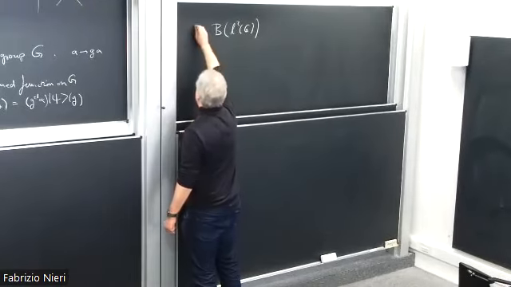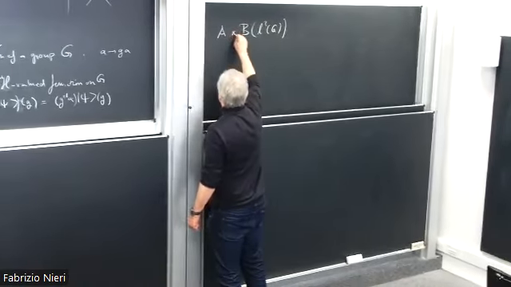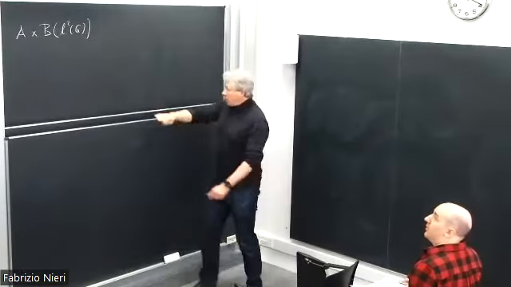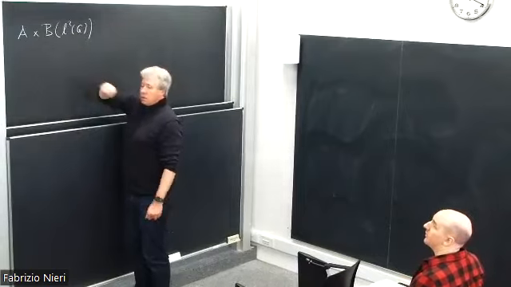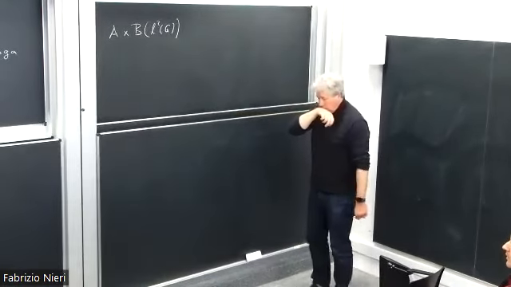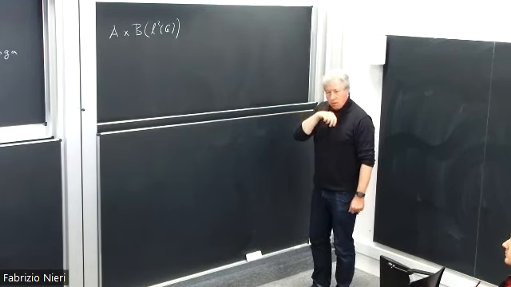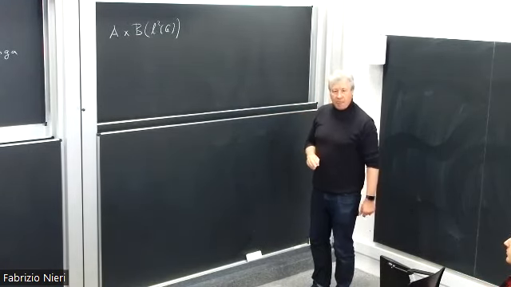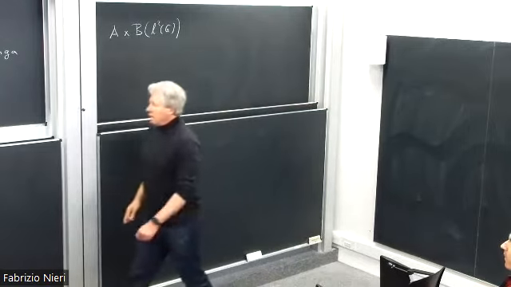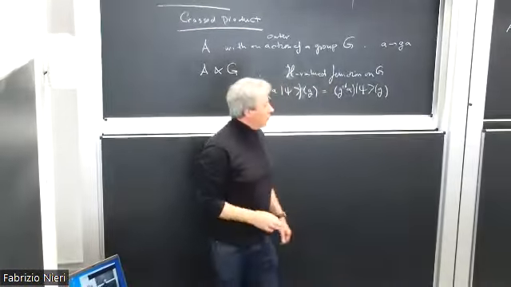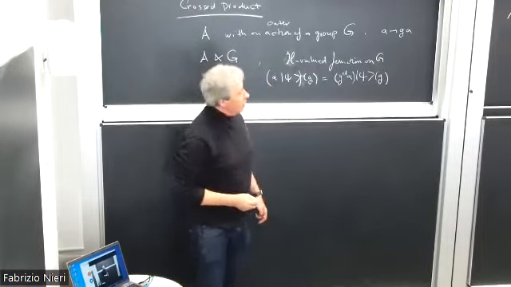But then I can take the tensor product. So elements of this are type 3 times type 1. What I defined here can be done for any type, but I will do it later for type 3.